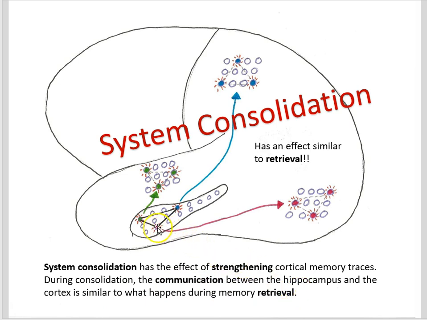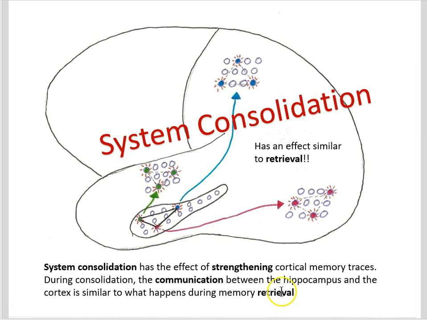What scientists think is going on, and we'll see this in the next lesson, is that the hippocampal memory trace gets reactivated in a way that it can then signal the cortex to strengthen just those connections between the relevant neurons, the neurons that were allocated to storing the memory trace for that aspect of the experience. So system consolidation then is this communication between the hippocampus and the cortex, and the nature of that communication strengthens the cortical memory traces for that learning event.